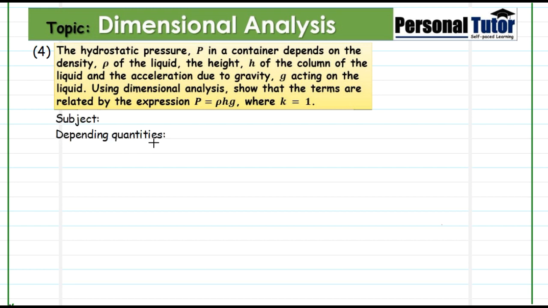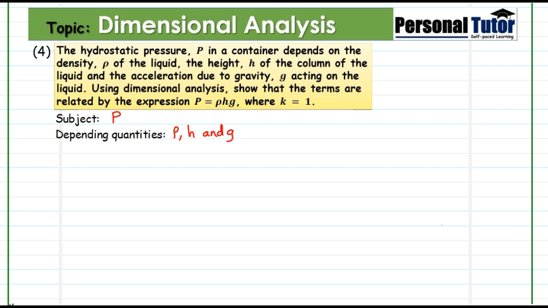And obviously, the subject is the P, the hydrostatic pressure. That is P. The dependent quantities are the density, rho, comma, the height, h, and the acceleration due to gravity, g.